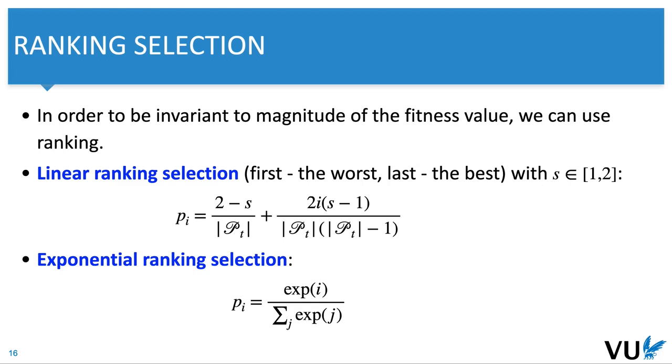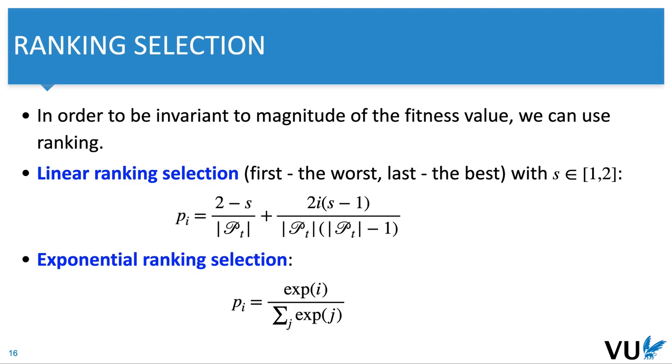Then if we use some hyperparameter S that is between 1 and 2, we can calculate these probabilities in the following way. So we see there is this (2 minus S) divided by the size of the population, plus 2 times the ranking of an individual times (S minus 1), divided by, and we see the denominator is dependent on the size of the population.